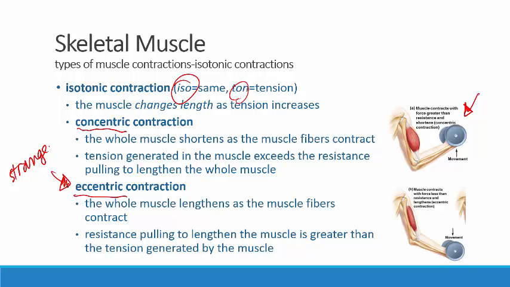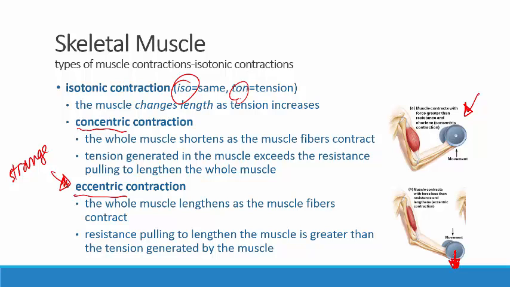So, with eccentric contractions, the whole muscle lengthens even as the muscle fibers are contracting. That occurs when the resistance to the movement, in this case the weight of the barbell, is greater than the tension that's being generated in the muscle.